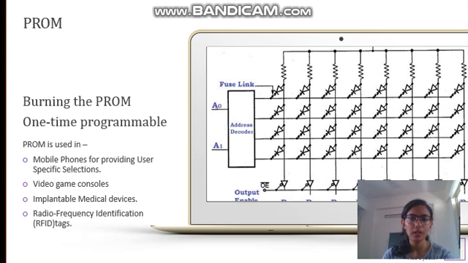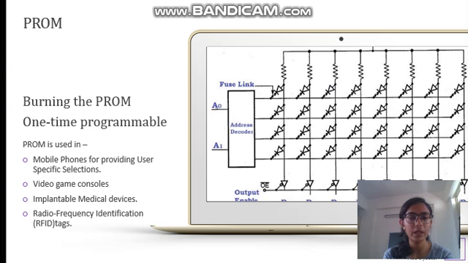So what we have next is the programmable ROM. The programmable ROM is manufactured as a blank memory, and it is programmed after manufacturing. The user buys a blank memory from the manufacturer and enters the desired content using the PROM programmer.